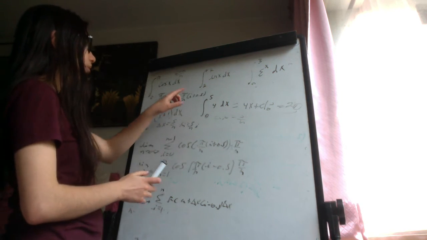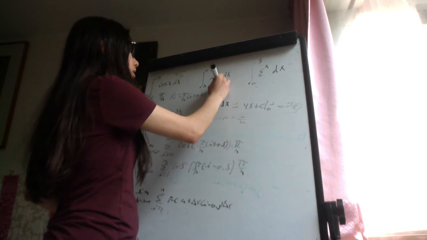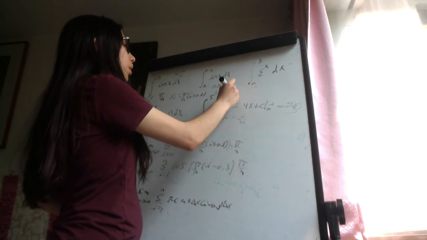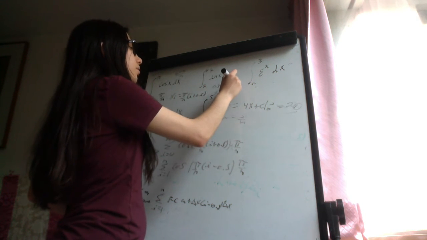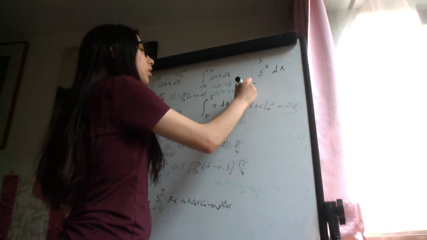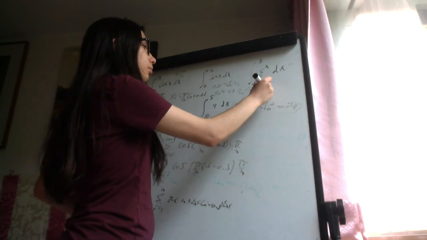The other one for this would be: delta x is 5 over n, and x sub i is 2 plus 5 over n times i plus 0.5.